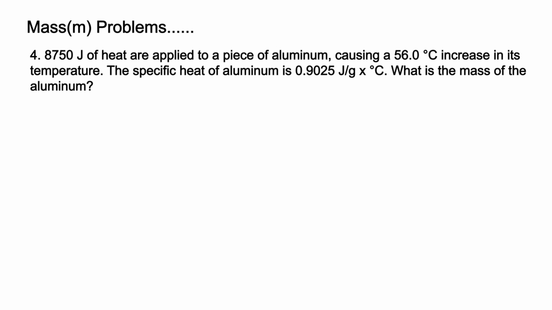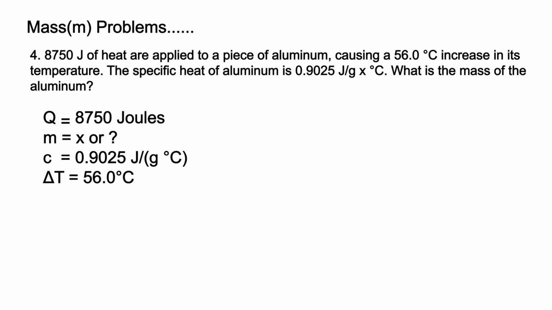What is the mass of the aluminum? Here we are looking for mass. So our Q, or heat, is equal to 8,750. M is X, or unknown. C, the specific heat of aluminum, equals 0.9025 joules per gram. And the change in temperature, or delta T, is equal to 56 Celsius.